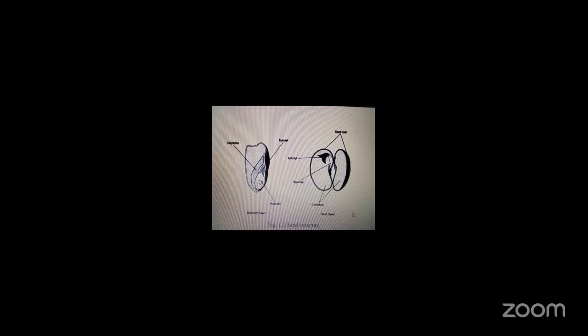Now the structure of crop seeds. The monocot seeds are caryopsis.